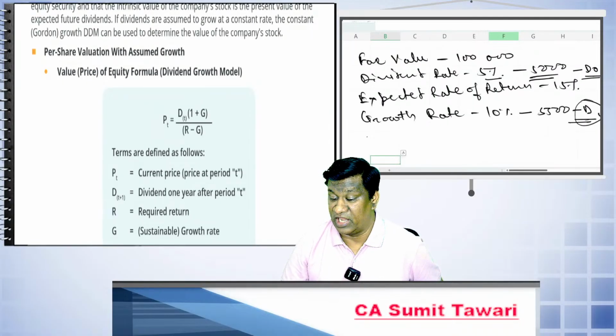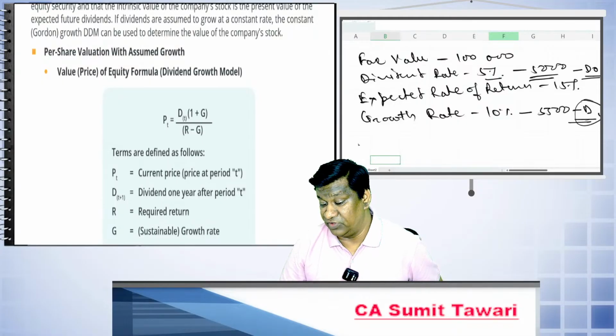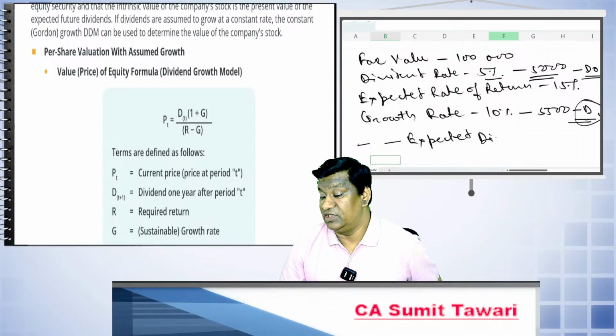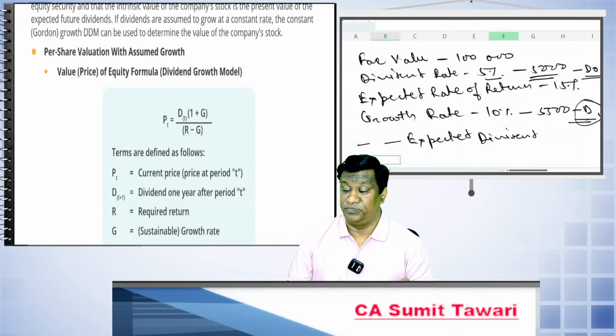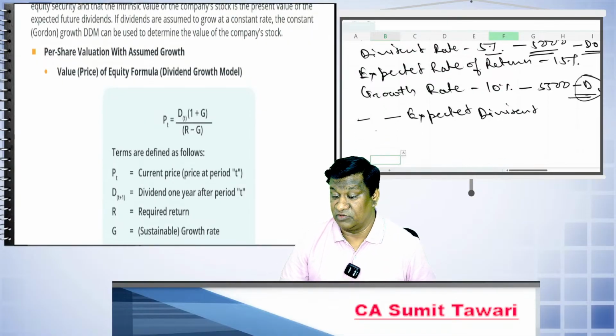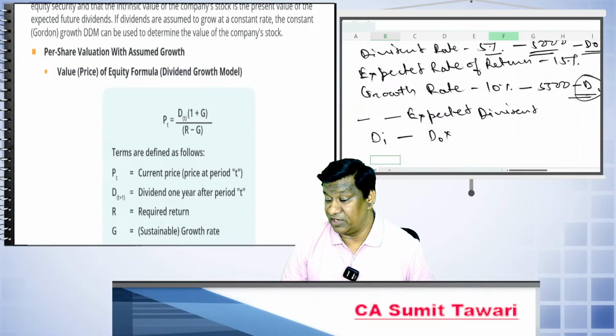If you want to calculate the price as on today, then once you invest, the amount you are receiving is the expected dividend that you need to consider, not the last dividend. In examination, they will give the last dividend amount plus growth rate. In that situation, you first calculate D1, which is D0 multiplied by one plus growth rate.